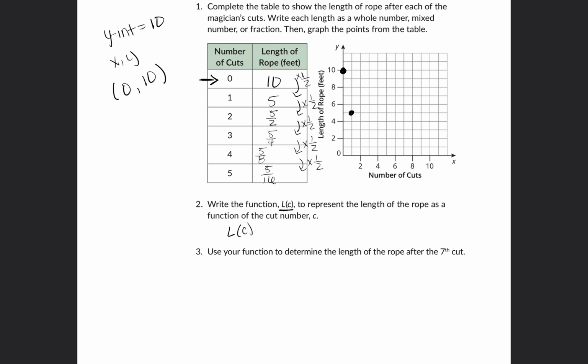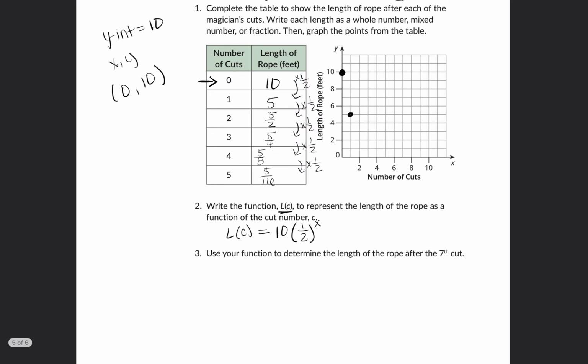So my function, L of x, which is what it told us to use, equals my A is 10, and then my B is 1/2, and exponent x. Remember yesterday I told you if it is bigger than 0 and less than 1, it's a decay. Right?